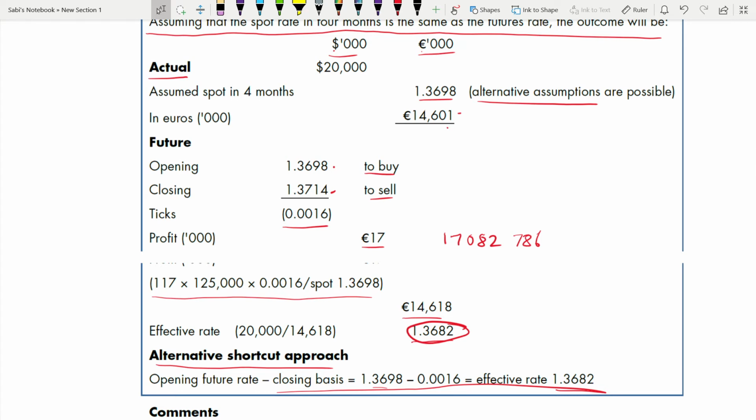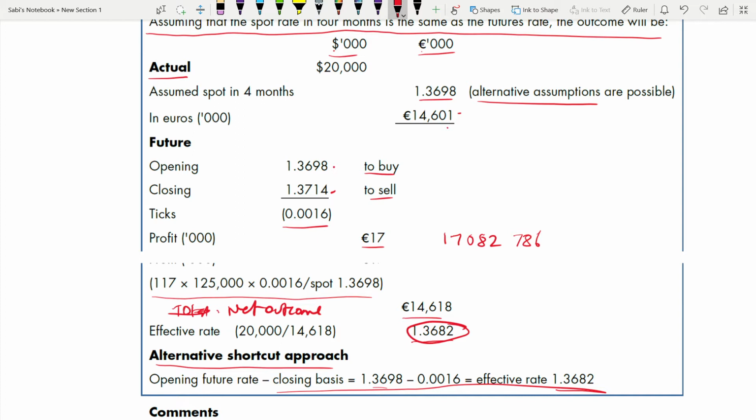Now, basically this 14,618, right? It is your total profit. It is your outcome, your net outcome, I would say, right? Because they are adding the 17.